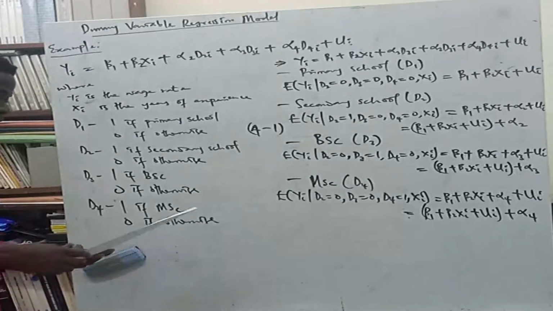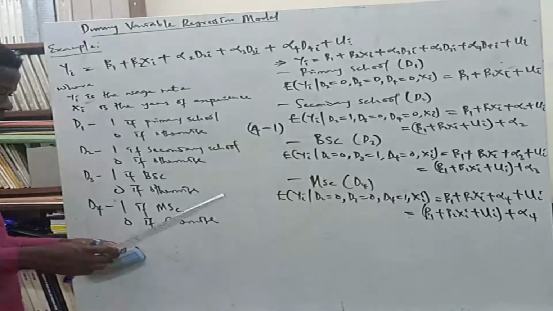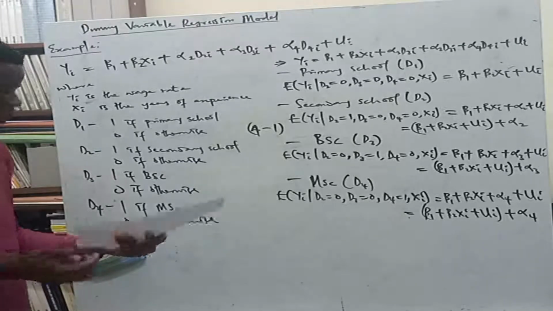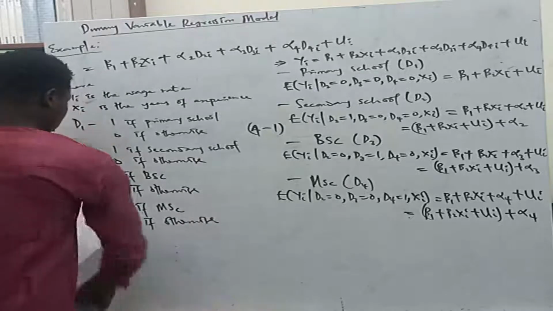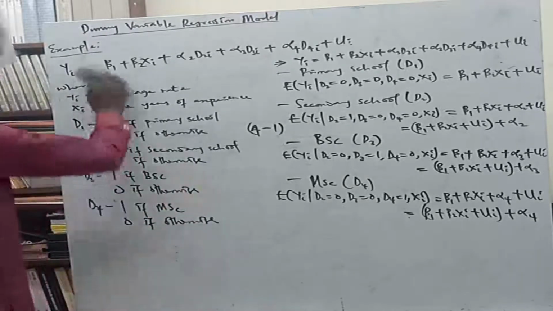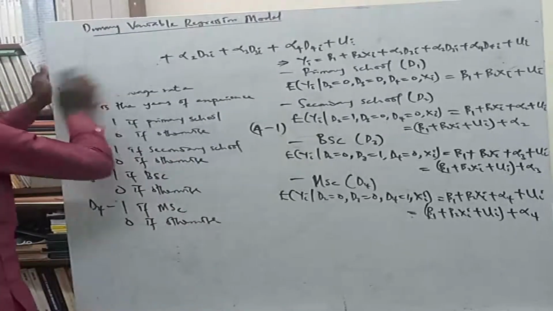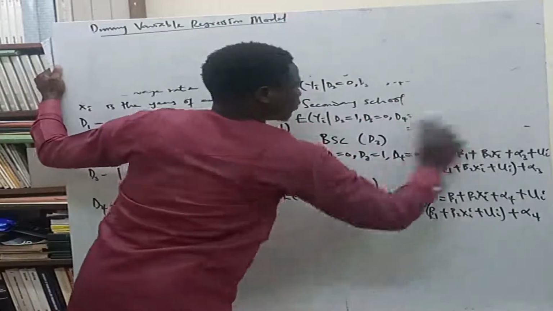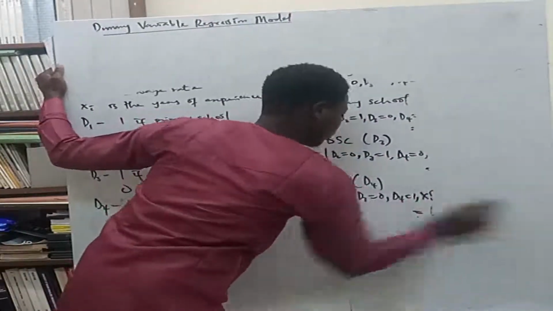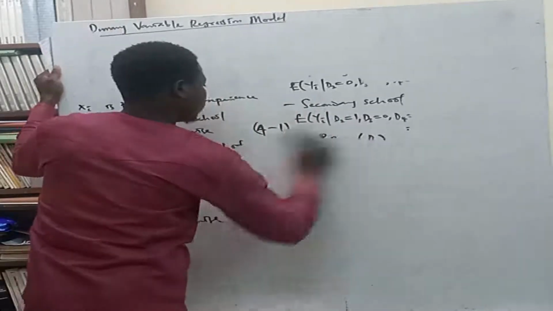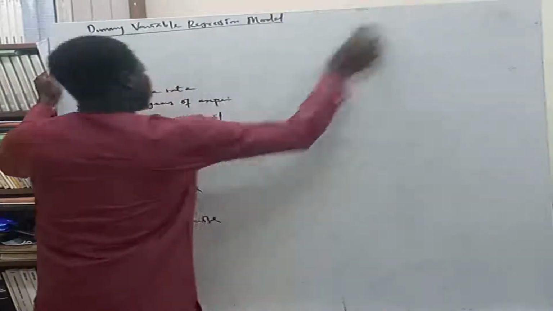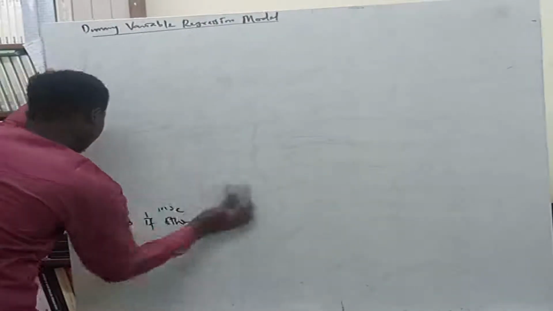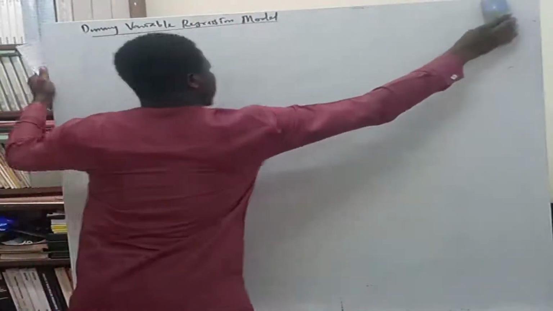So let's look at another example so that we'll be able to understand very well. In this case, we'll be dealing with numbers. So I'll rub this off. Another example.